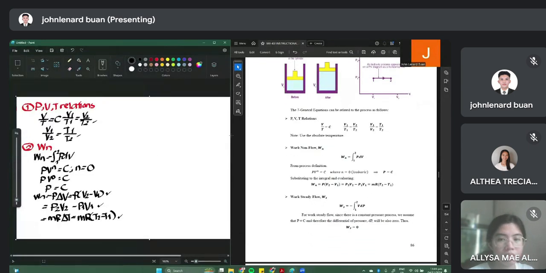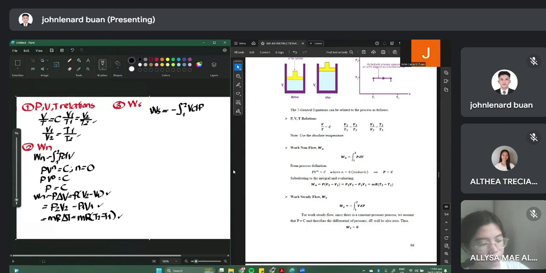Alright. And then, we also have the work steady flow under isobaric process, or WS. For this one, the equation is WS is equal to negative integral of VdP, from 1 to 2.